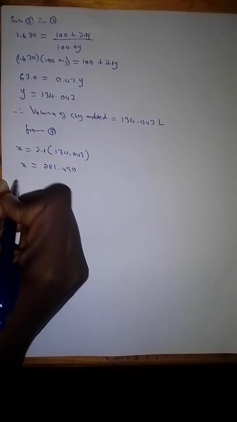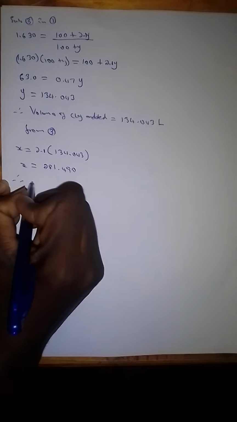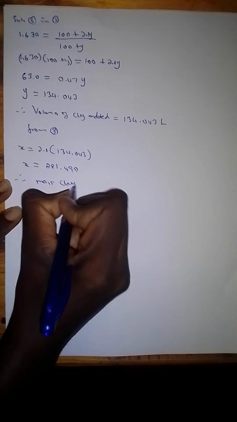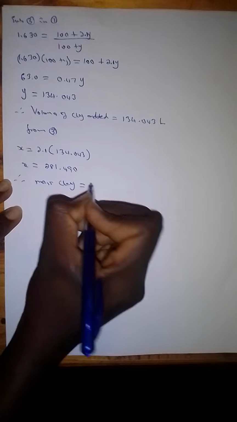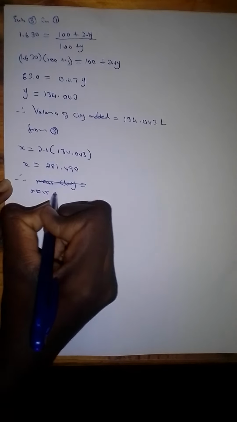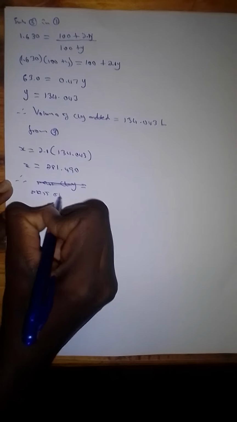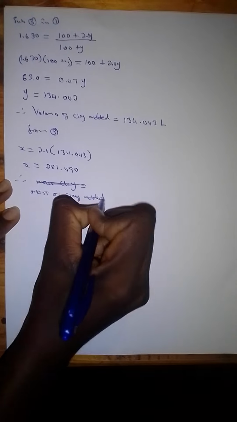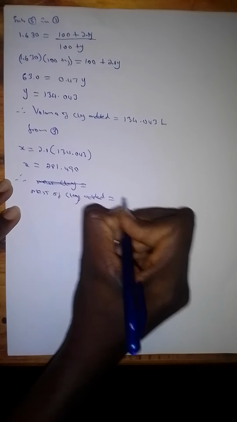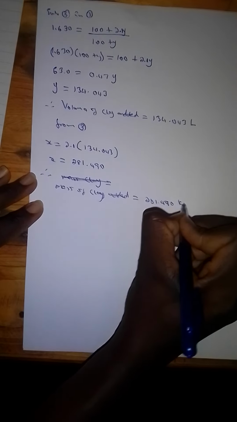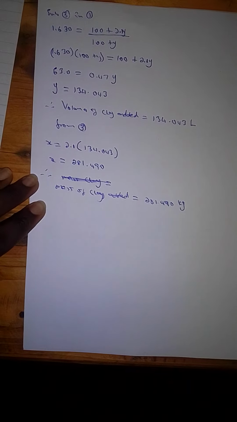That is our x. Therefore, the mass of clay added is equal to 281.490 kilograms.